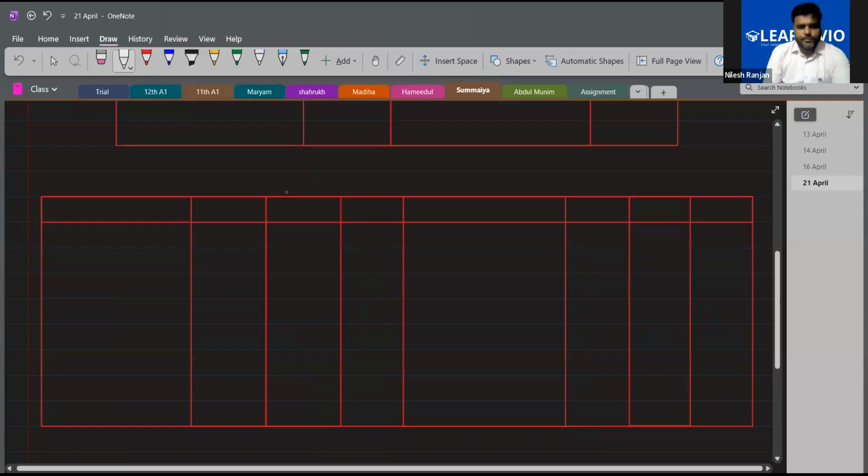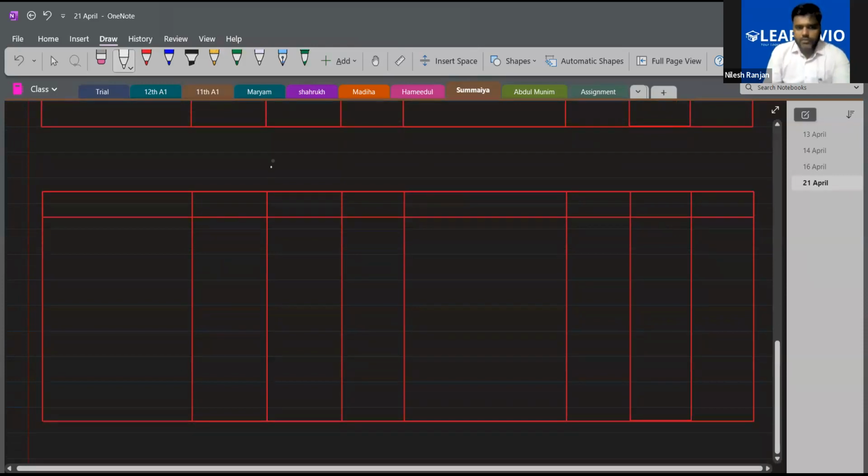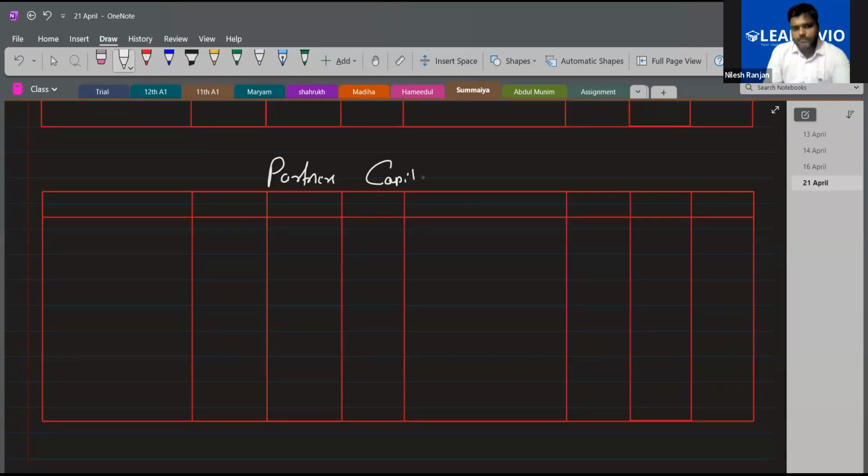Okay. So this is partner's current account: A, B, C. And then this is partner's capital: A, B, and C. Okay.